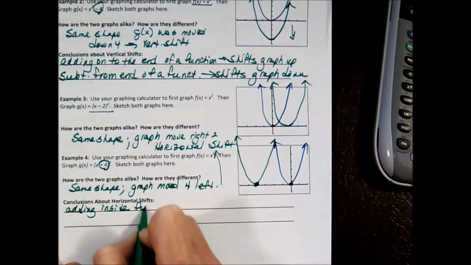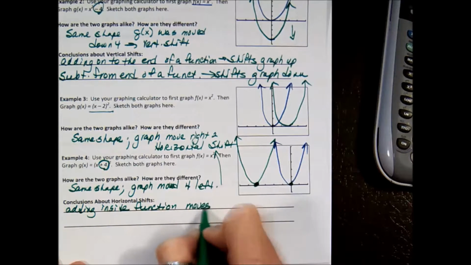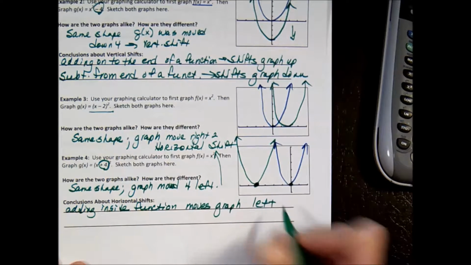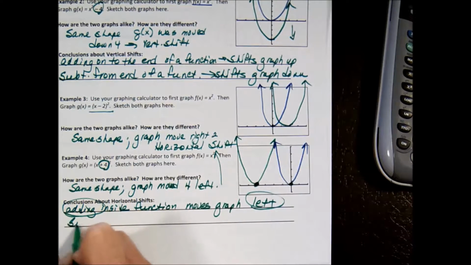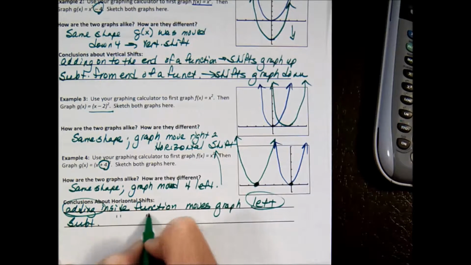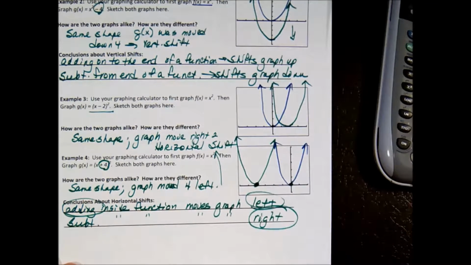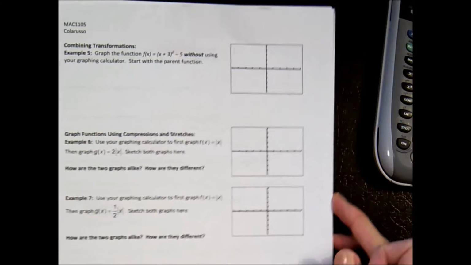Inside the function moves the graph left. So it's a little bit counterintuitive. Adding moves it left. Subtracting inside the function moves the graph right. Counterintuitive.